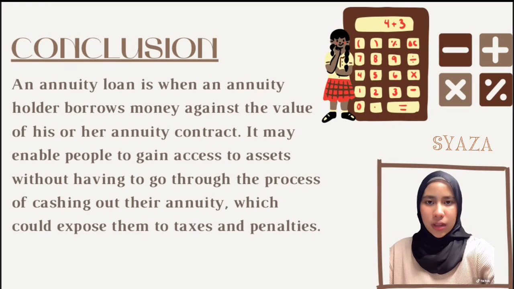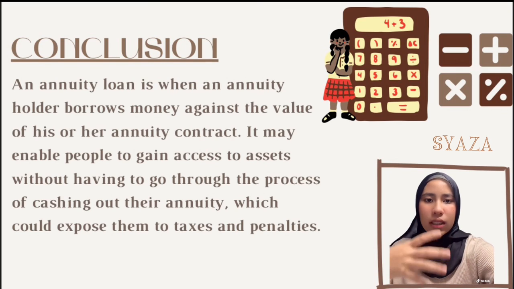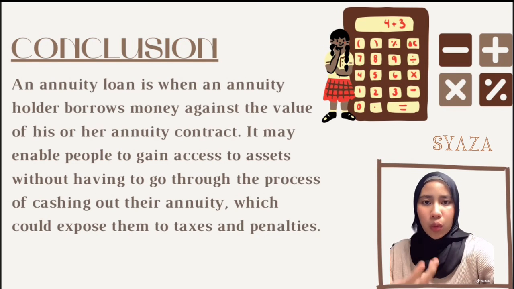Now I will present the conclusion about an annuity loan. An annuity loan is when an annuity holder borrows money against the value of his or her annuity contracts. It may enable people to gain access to assets without having to cash out their annuity, which could expose them to tax and penalties. Any loan that cannot easily be recovered from borrowers is called a problem loan.